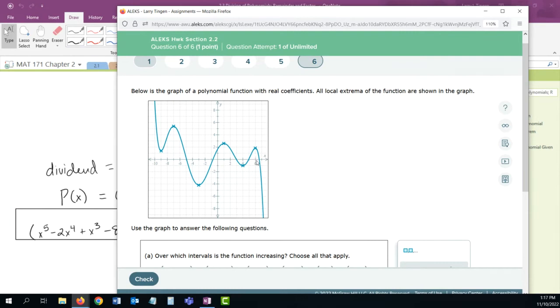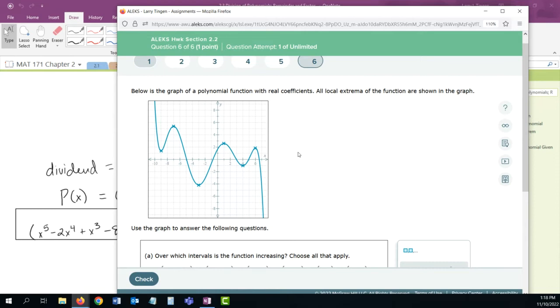All right, and then how many turning points do I have? How many times do I change from increasing to decreasing? 1, 2, 3, 4, 5, 6. Okay. So a function can have at most n x-intercepts or n minus 1 turning points.